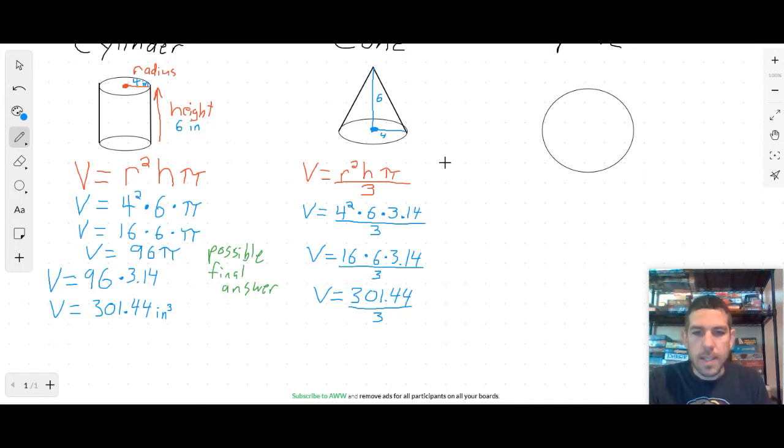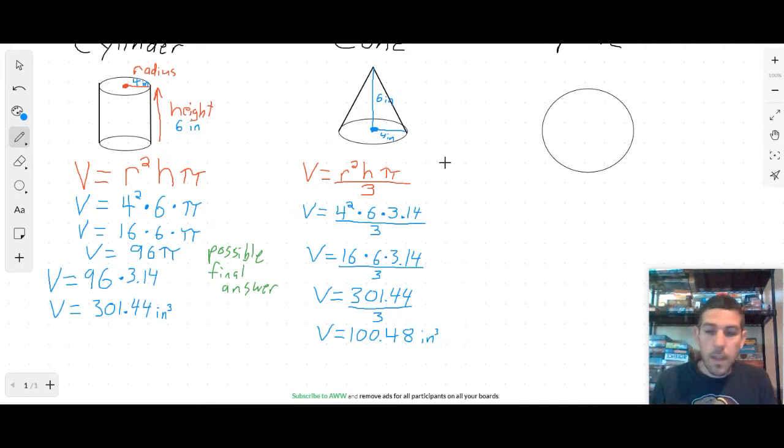So last step, divide that answer by 3, and the volume of this cone will be 100.48. And again, whatever our unit of measurement was, if it was inches, we will write inches cubed.